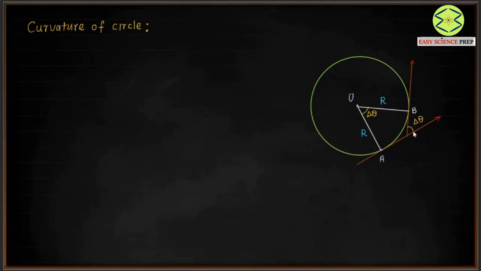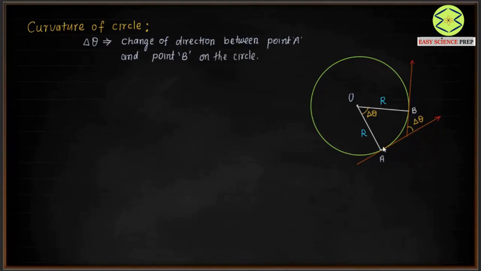So this delta theta represents the change in the direction of the curve from point A to point B. If you consider the curve AB, the length of the curve AB is delta s. So we have the change of direction as well as the length of the curve between points A and B.